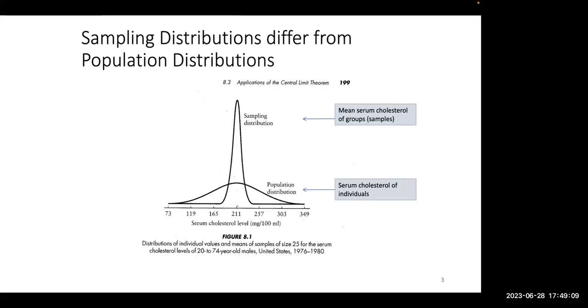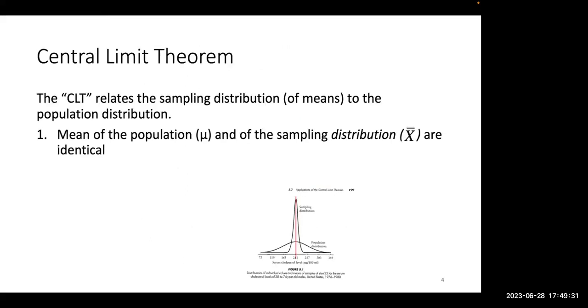So, but now let's go back to the central limit theorem. So the population is extremely wide, and that's the population of the US in terms of cholesterol levels. That is the central limit theorem relating now the sampling distribution to your population distribution. So it's narrow. And you know now that the mean of the population and the sampling distribution, so the sample mean, is identical.